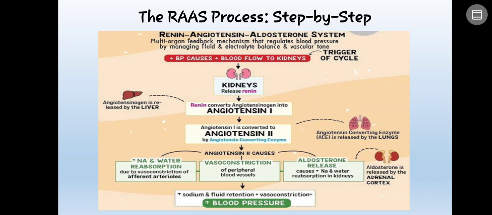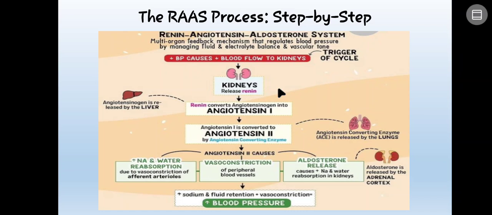So there are some specialized cells over there, and these are the cells that actually detect the reduction in blood pressure. Once your blood pressure reduces, the amount of blood supposed to be sent to the kidneys will reduce, and the juxtaglomerular cells will detect that reduction.